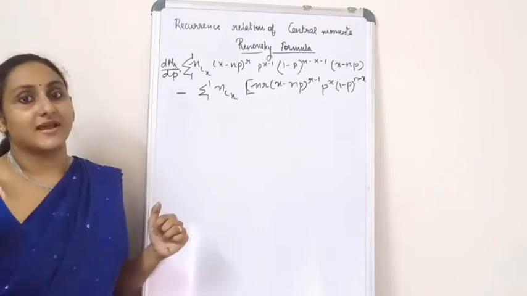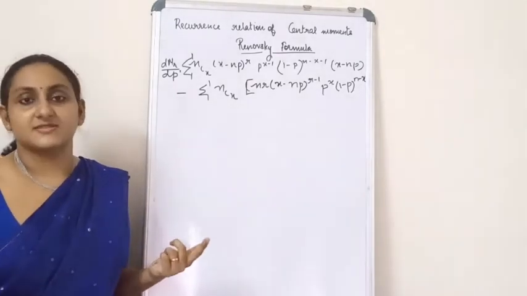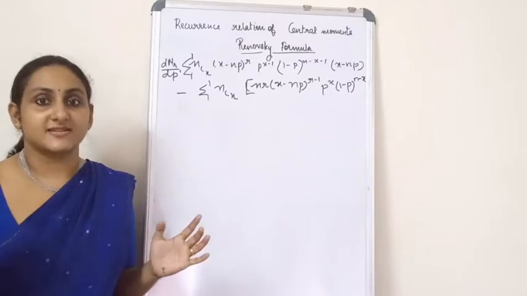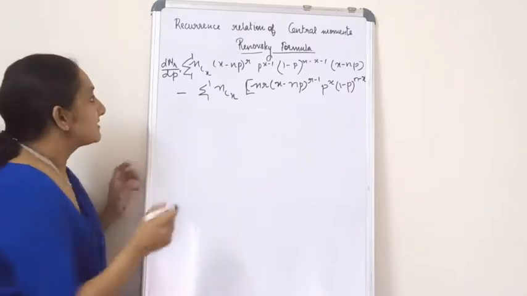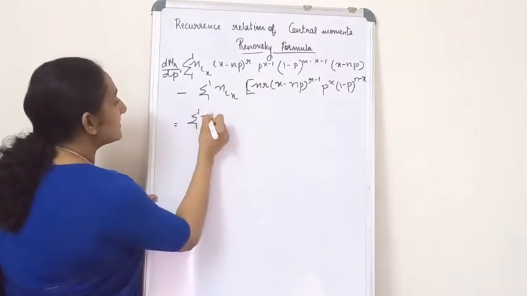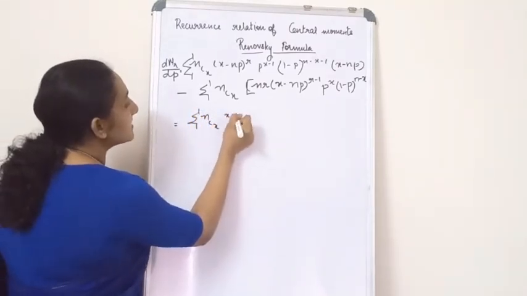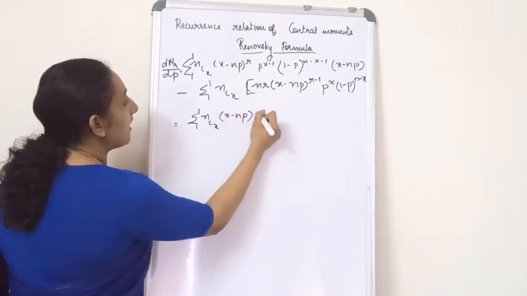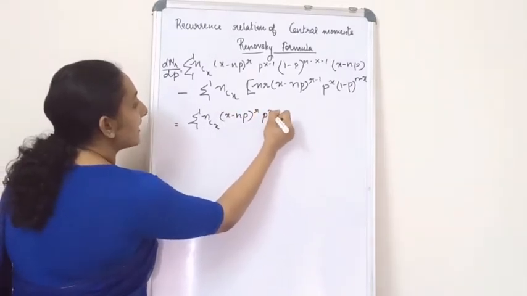Yes, I should multiply the first term by pq itself, so that the effect is nil. Okay, so let's do that, which is equal to summation nCx (x minus np) the whole raised to r, p raised to x minus 1.